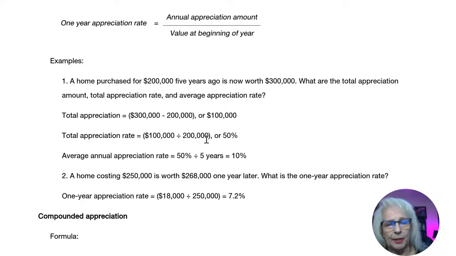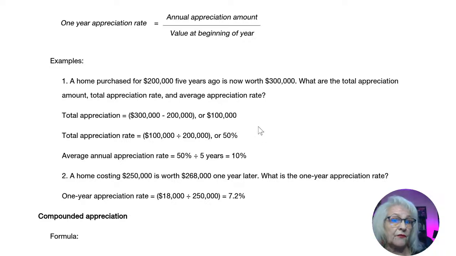100,000 divided by 200,000 is 50%. An average annual appreciation rate equals 50% divided by 5 years, which equals 10%. So in the 5 years, it appreciated 100,000. Then we're looking at 100,000 divided by the original value of 200,000, which gives us 50%.